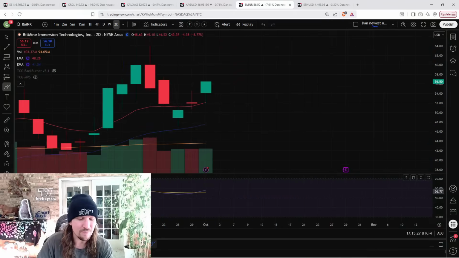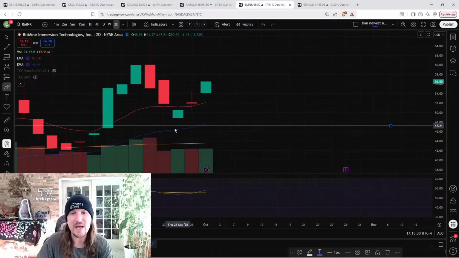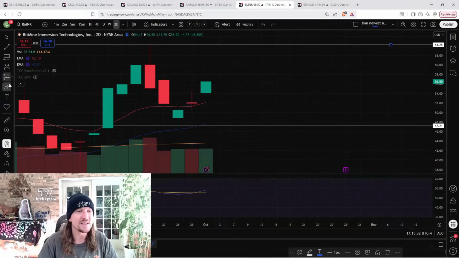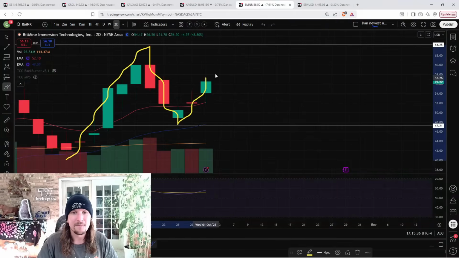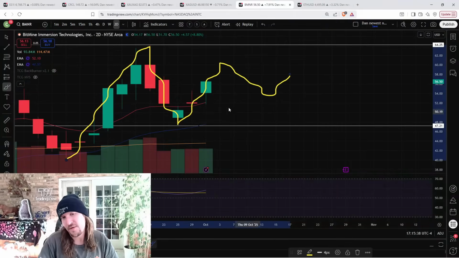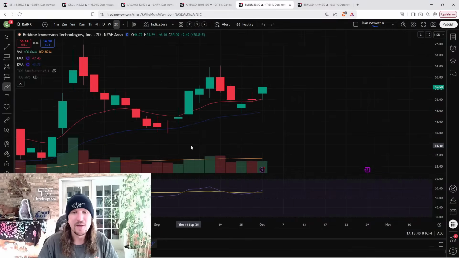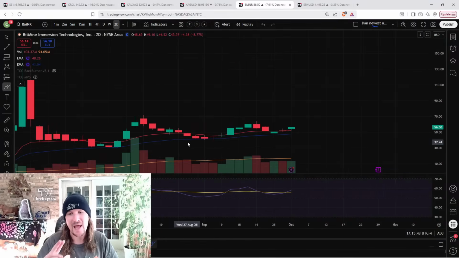BMNR right now, the most important levels for me are our 2-day higher low and our resistance. It's entirely possible if we fail 64 that we just keep tightening up through the first couple weeks of October, but this equilibrium is going to break end of October or early November, and that's going to be something to be paying attention to.